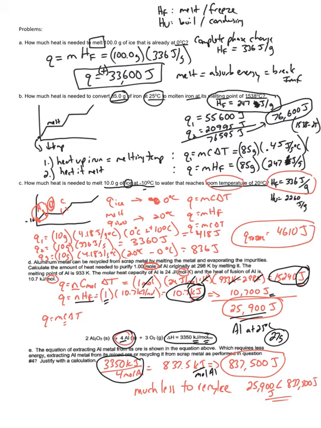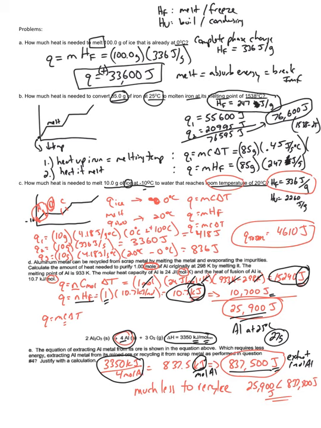To extract aluminum metal from its ore. Well, again, that's kilojoules per mole, so I need to multiply by 1,000, and I get 837,000 joules of energy to extract 1 mole of aluminum from its ore.